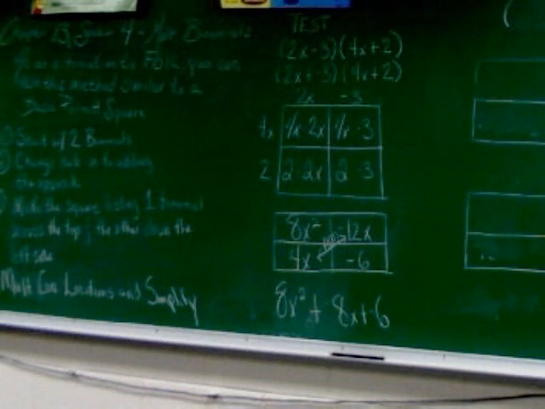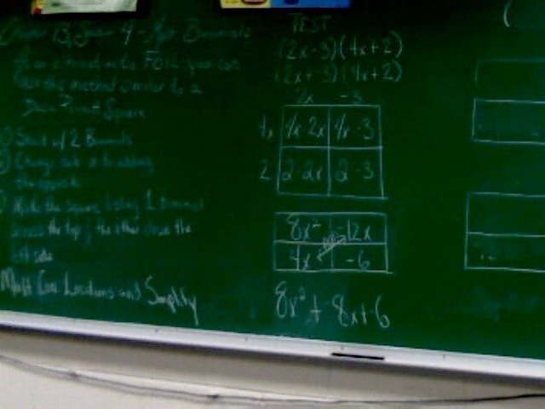Right, there are 4 steps to this. Step 1 is obviously to start with 2 binomials. If you don't have 2 binomials, this isn't ever going to work. Step 2, you're going to change subtraction into adding the opposite. That's a familiar process. We've done that a lot in this chapter. Step 3, you're going to make the square listing one binomial across the top and the other down the left side.